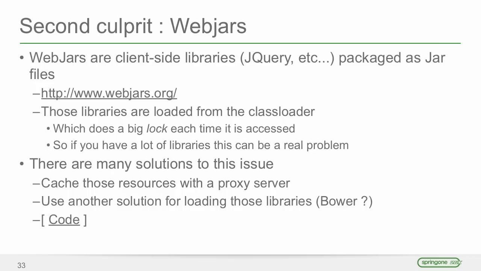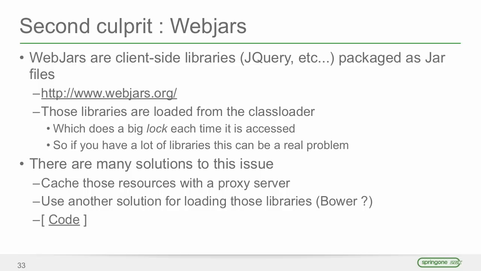The second issue was a library called WebJars, which is a very nice idea. Anybody has used it before? It's for packaging JavaScript libraries as Maven jar files. Strange idea at the beginning, but for heavy Maven users, like many of us are, it's a good idea, because you just say, oh, I would like to have jQuery, and it's just a Maven dependency you add, and you've got jQuery in your application.